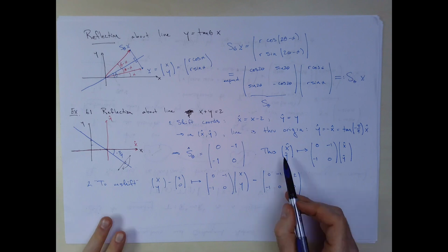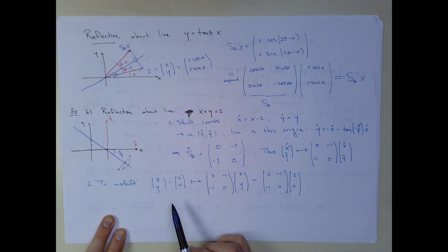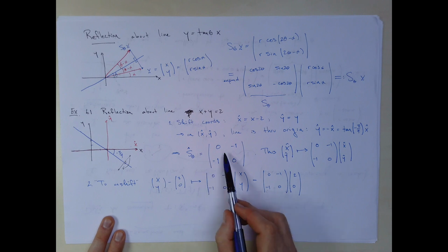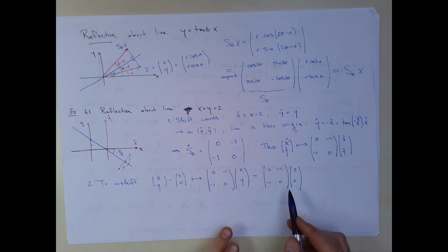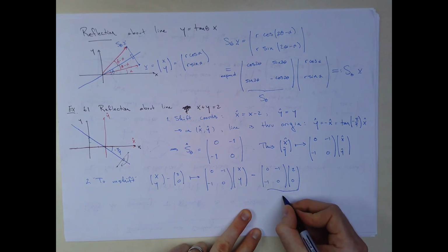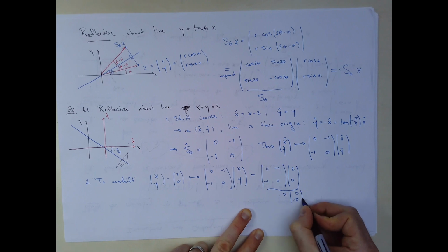So all I've done is replace the x hat, y hat with (x, y) minus (2, 0), written as the difference of two vectors, and expanded the matrix with that difference. Now I can multiply that out, and if you do that, you get the vector 0, minus 2.